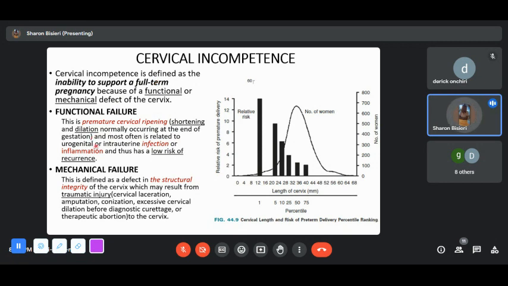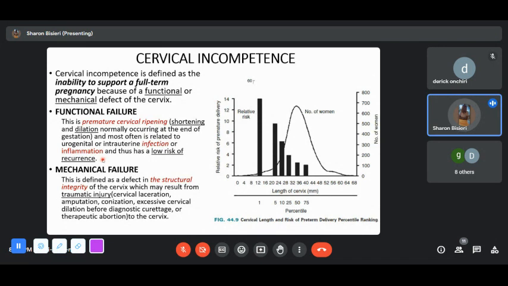The commonest cause of this functional failure is infections, that is urogenital or intrauterine infections, or any other cause of inflammation. So that goes to say that this may not recur, because you're not guaranteed to always have an infection with every subsequent pregnancy.